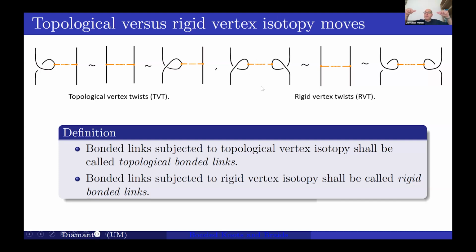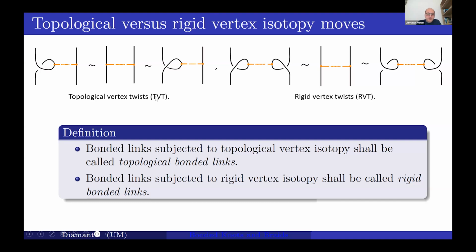So if you insist on having rigid vertices, then you have the rigid bonded links on the right that you see here. But if we allow bonds to be a little bit more flexible and not rigid, then you can have moves that look like this one on the left, where the Reidemeister 1 move can be performed either to the left or the right standard strand.